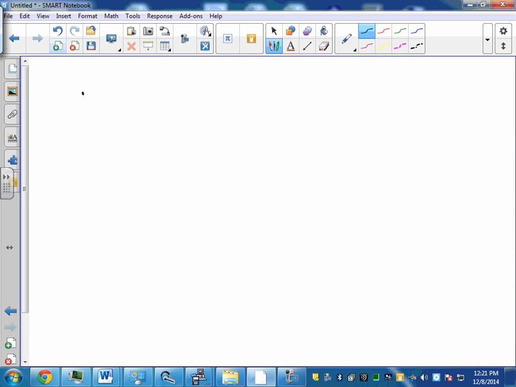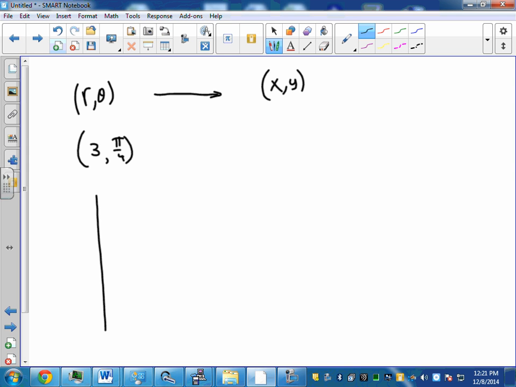Let's suppose we had an r, theta given, and I'll choose a rather simple one. Let's suppose we have 3 as r and theta is pi over 4, and somehow we have to convert that to an x, y pair. Okay, so let's think about what this looks like graphically. This point here is 3 units away from the origin, and the direction is pi over 4.